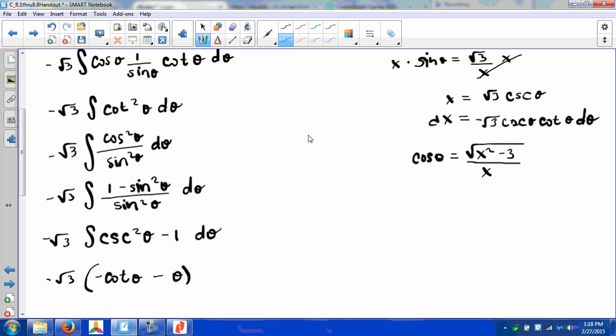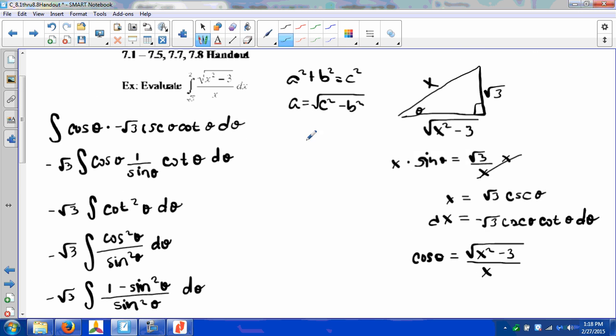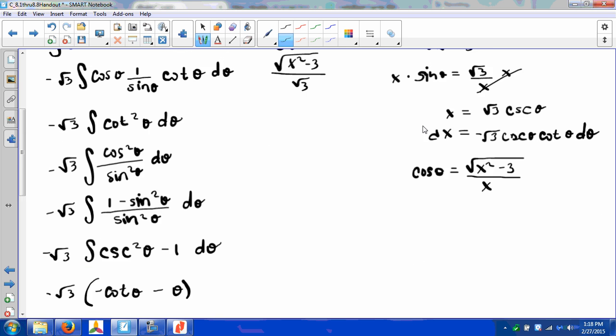Okay, and then now I need to change cotangent. So cotangent is what? Adjacent over opposite. So that's root x squared minus 3 over root 3. That's adjacent over opposite. All right.